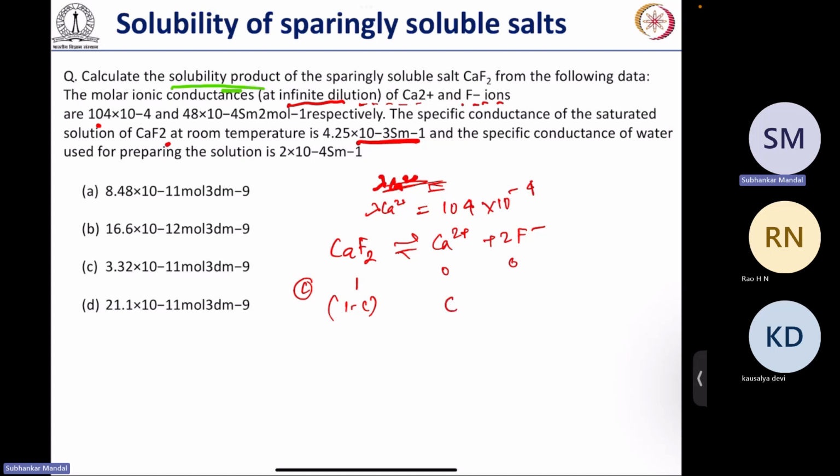If this is C, then it will be 2C for the fluoride ion, because there are 2 fluoride ions. Then we know the solubility product of calcium fluoride is the concentration of calcium 2 plus into fluoride minus.